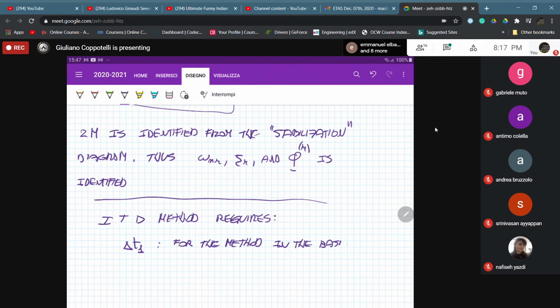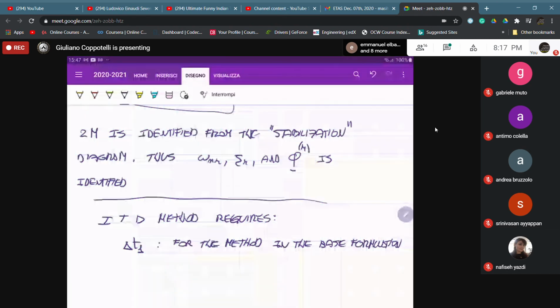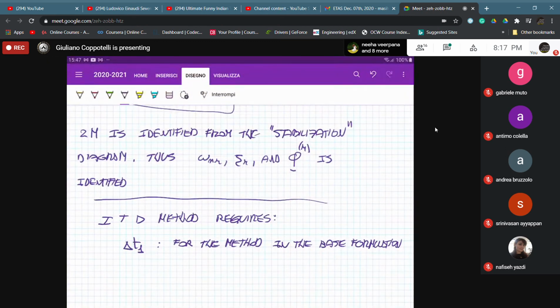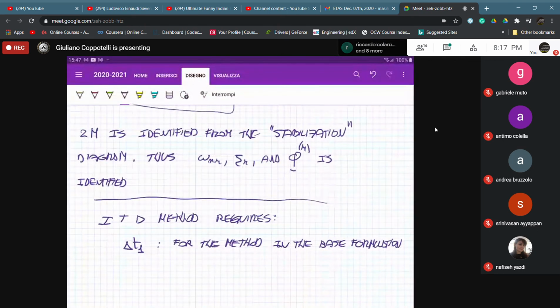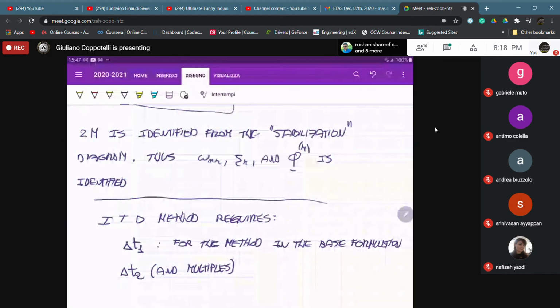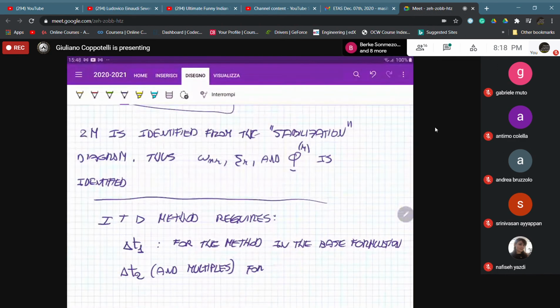That is, everything is square, no special issues. Then it requires delta T2 and multiples if you want, for fictitious points. And we just discussed that.